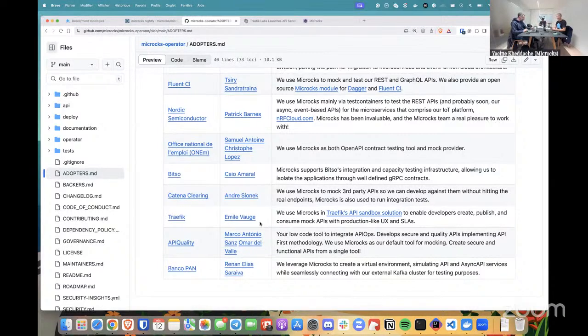That means that we are quite reliable for products who monetize their services and solution to help organizations on the API development lifecycle. And last but not least, because it has been updated yesterday, Bancopan. We know them for a while, and thanks a lot to Renan and all the team, because they've been able to validate within their organization that they can be listed publicly.